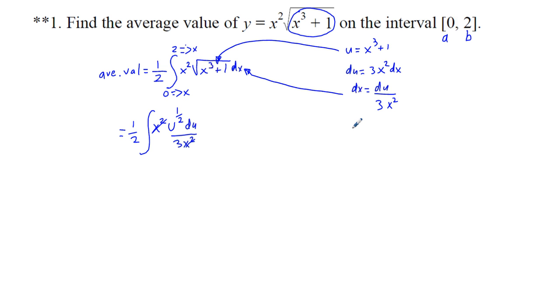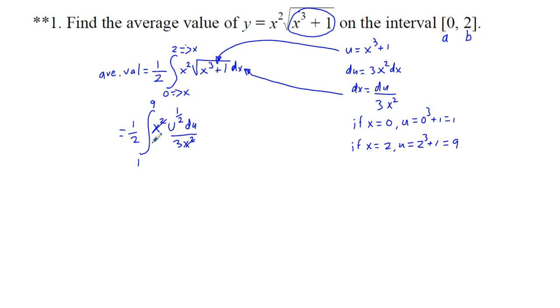So if x equals 0, u is equal to 0 cubed plus 1, which equals 1. So 1 is going to be our new lower limit. If x is equal to 2, u is equal to 2 cubed plus 1, which is going to be 9. So our upper limit is 9.